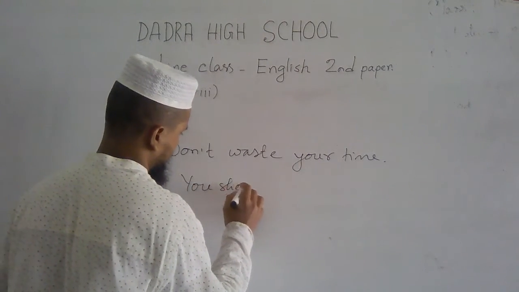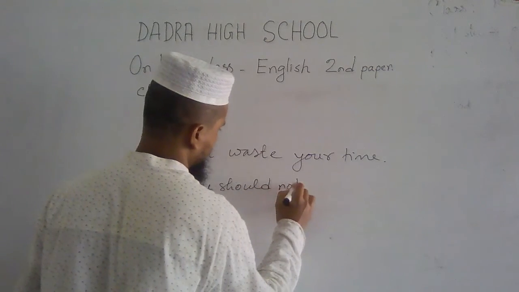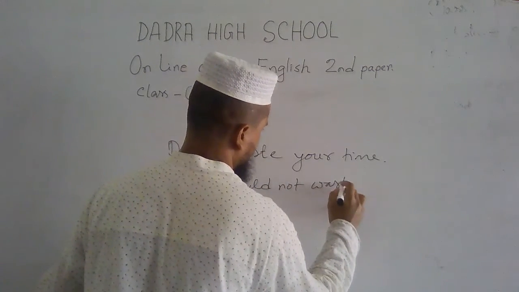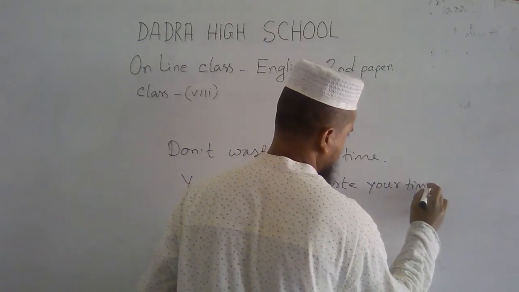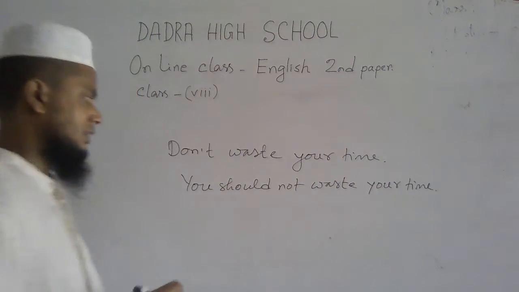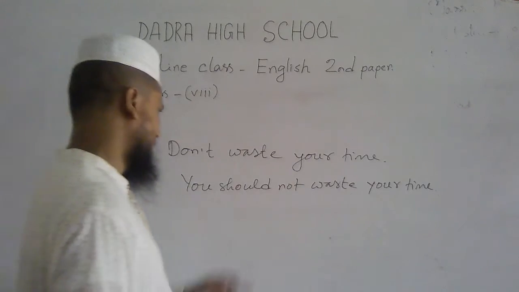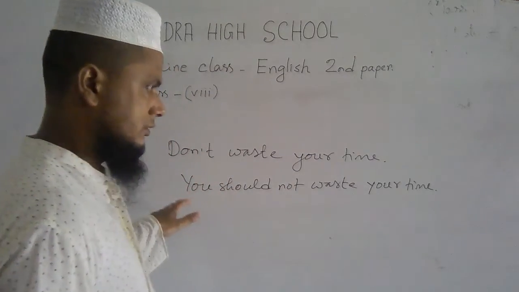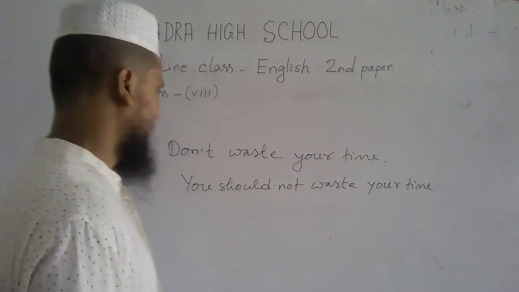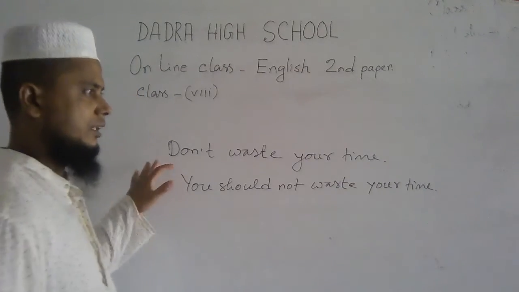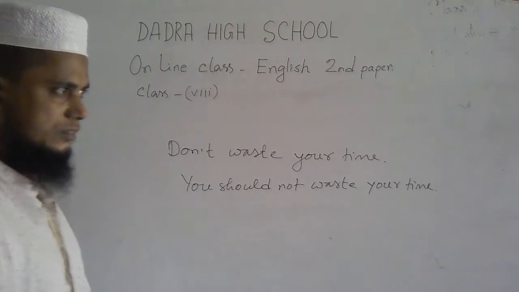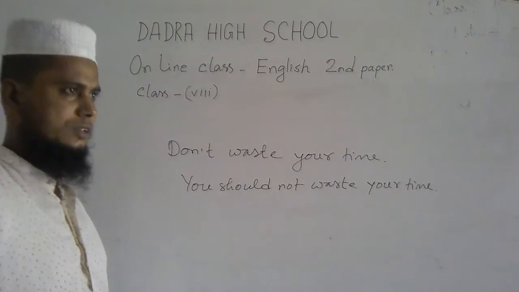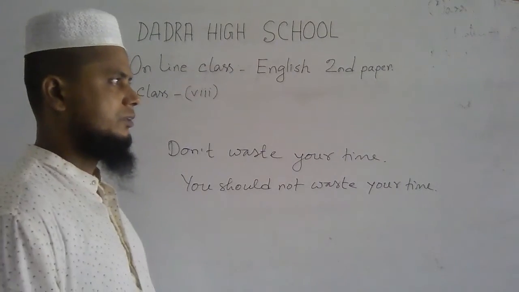You should not waste your time. This is an imperative sentence that has changed into assertive. Similarly, there may come never. You will use you should never. Suppose, never tell a lie: you should never tell a lie.